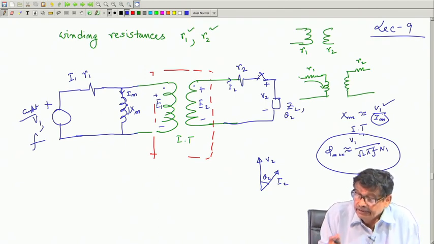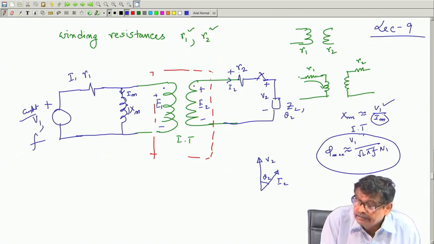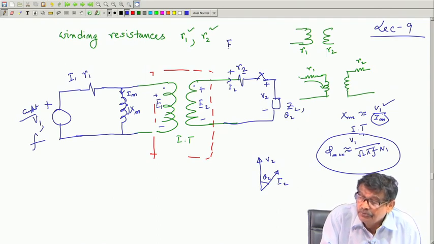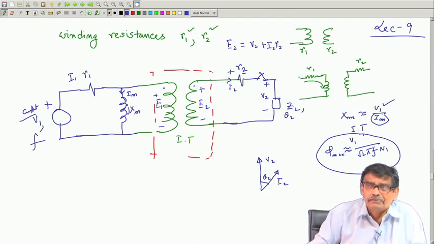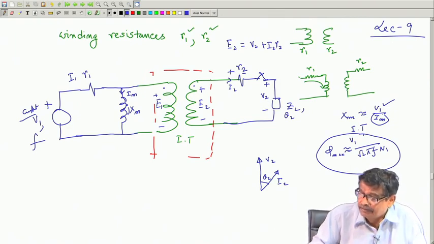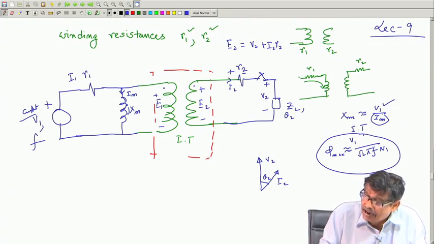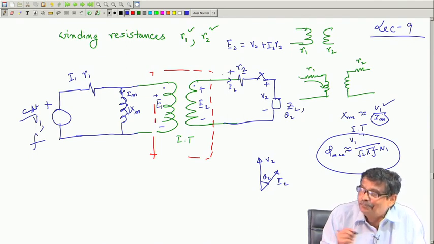Then I will say, look here, your E 2 is equal to V 2 plus I 2 R 2. Follow the logic. The diagrams may be a bit clumsy, but this is what is going to happen. Suppose V 2 is known, V 2 I 2 you draw. Then I have to add to V 2 this I 2 R 2 drop.